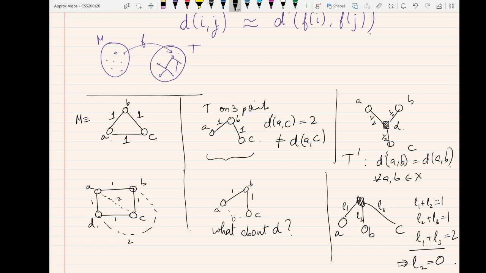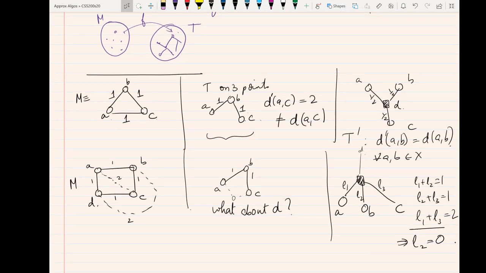And of course this does not make sense, because ideally you might want an edge connected to it to be equal to D. So you can convince yourself that you cannot exactly map this original metric space M into a tree T while preserving the pairwise distances.